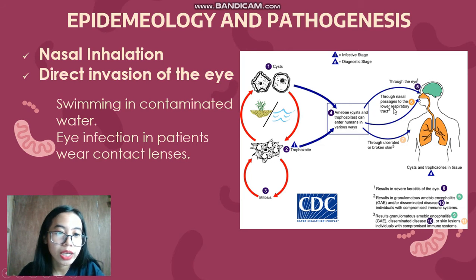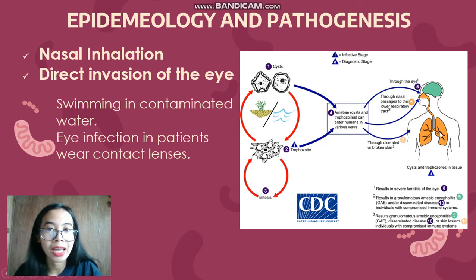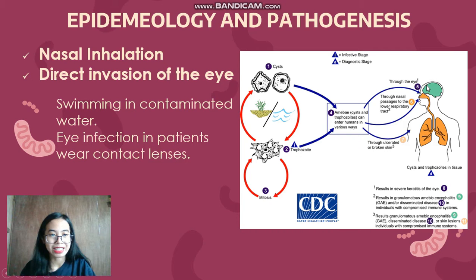Through the nasal passages to the lower respiratory tract, they will go along the lower respiratory tract and be distributed in many blood vessels, which will go directly to the central nervous system.